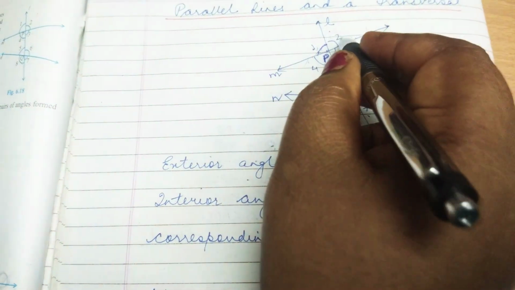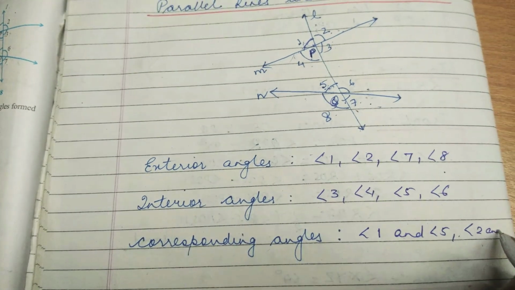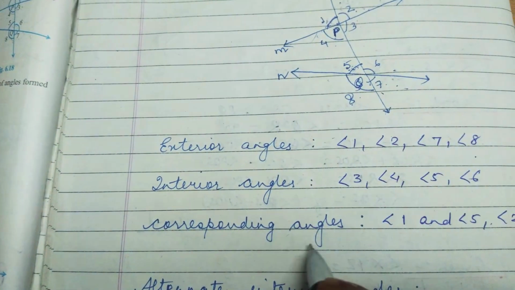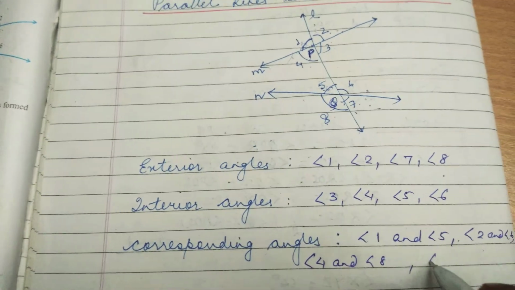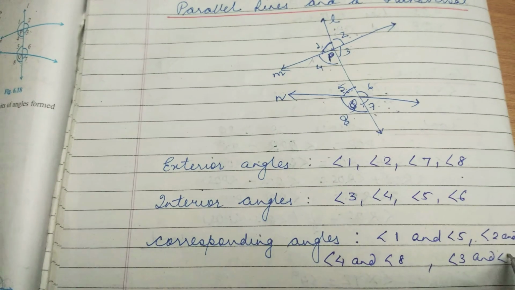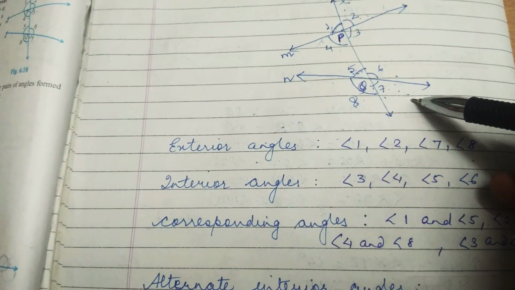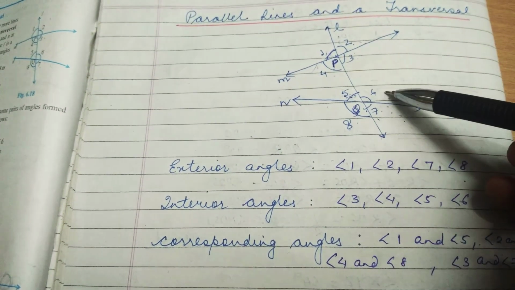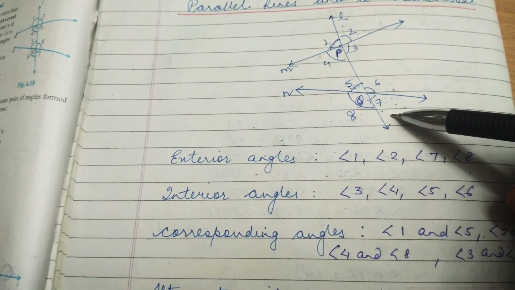Then angle 2, angle 6, then angle 4, angle 8 and angle 3 and angle 7. So in this figure we find four pairs of corresponding angles: angle 1, angle 5; angle 2, angle 6; angle 4, angle 8; and angle 3, angle 7.